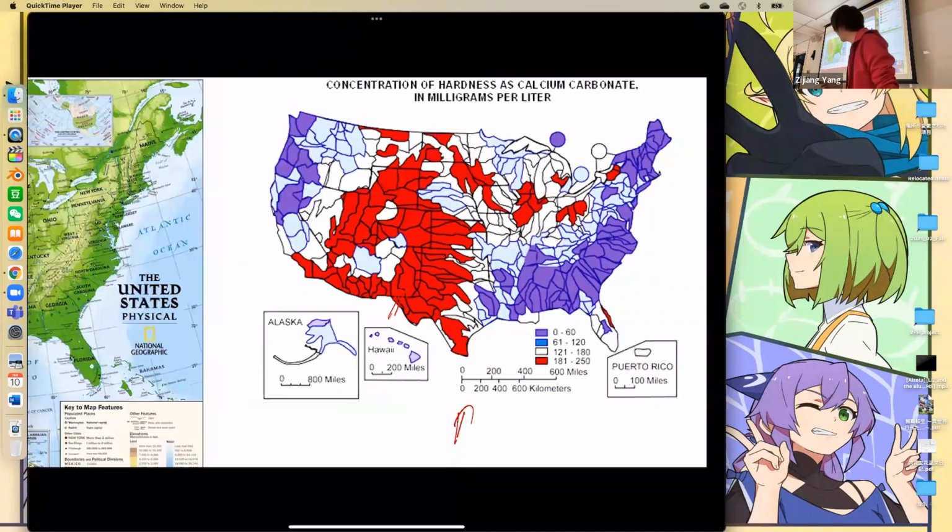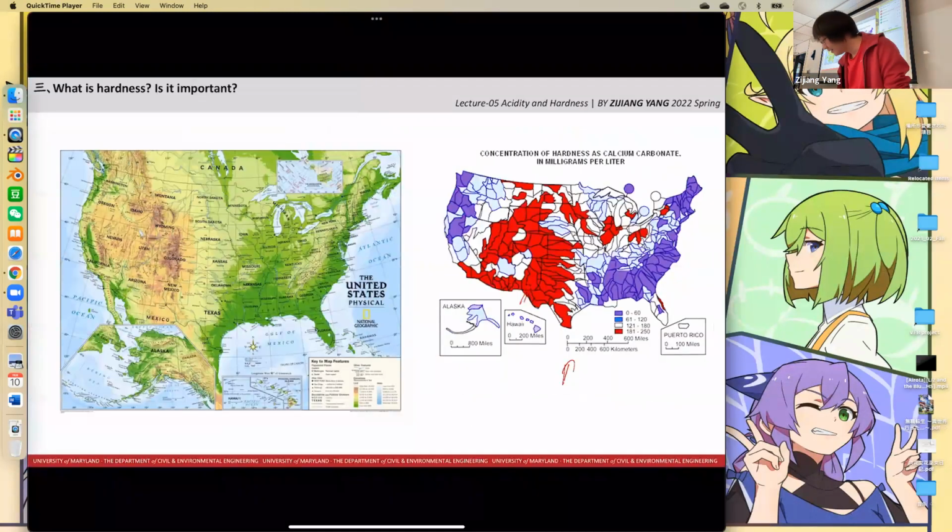Going back to this map, we can see that is around some mountainous areas. I'm not an expert on this, but I would probably say the water hardness is somewhat correlated with these geographical characteristics. But in Maryland, I guess we are around here, and the water hardness is relatively low.